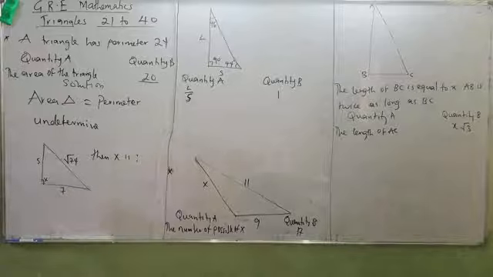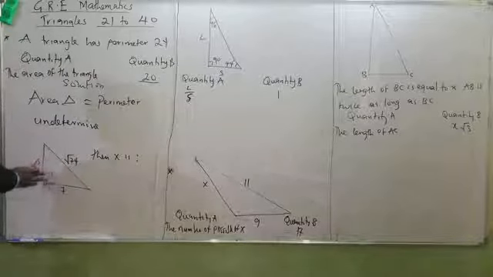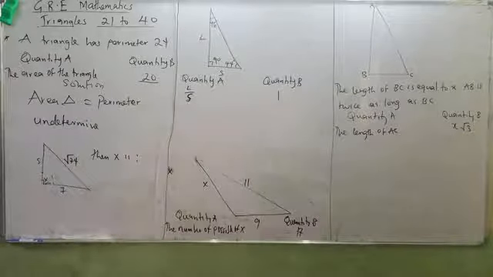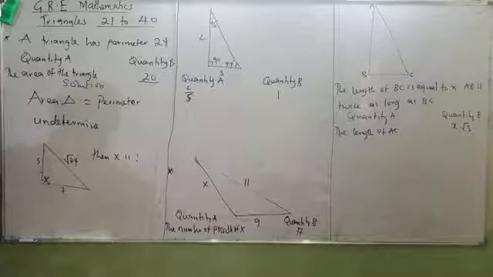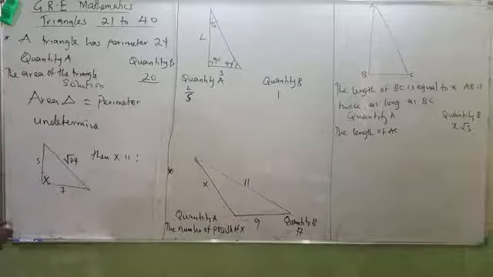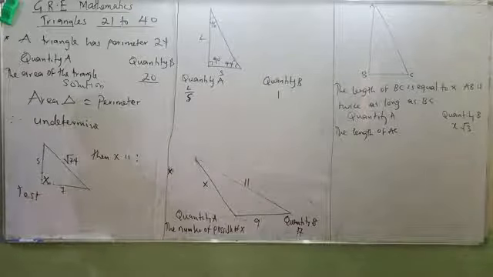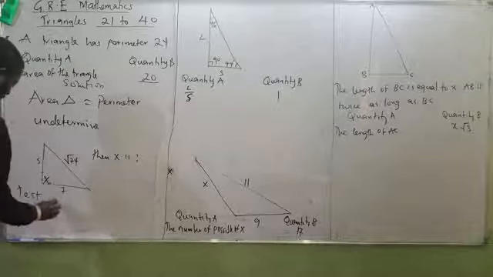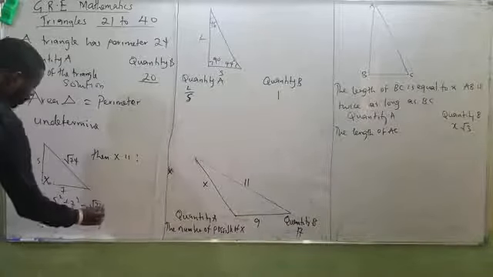Now, look at this one. What is the value of x? We are looking for this. Nobody told us it's 90. They just give us x. Whenever you have something like this, you just need to test. How do I test? 5 squared plus 7 squared, will it be equal to root of 74 squared?